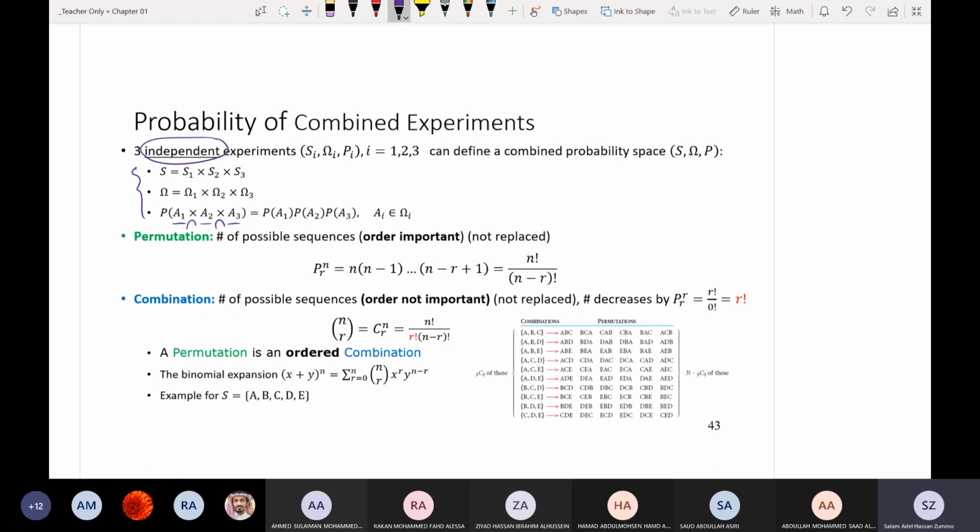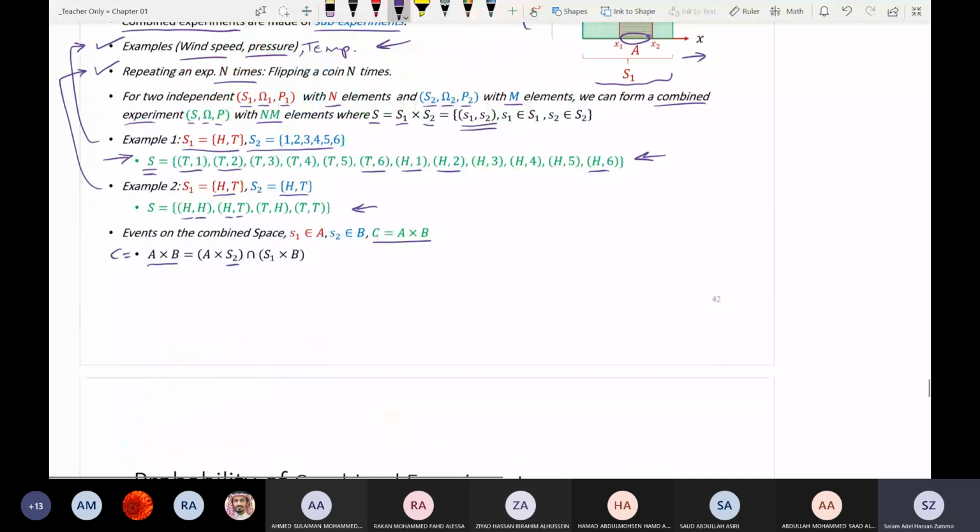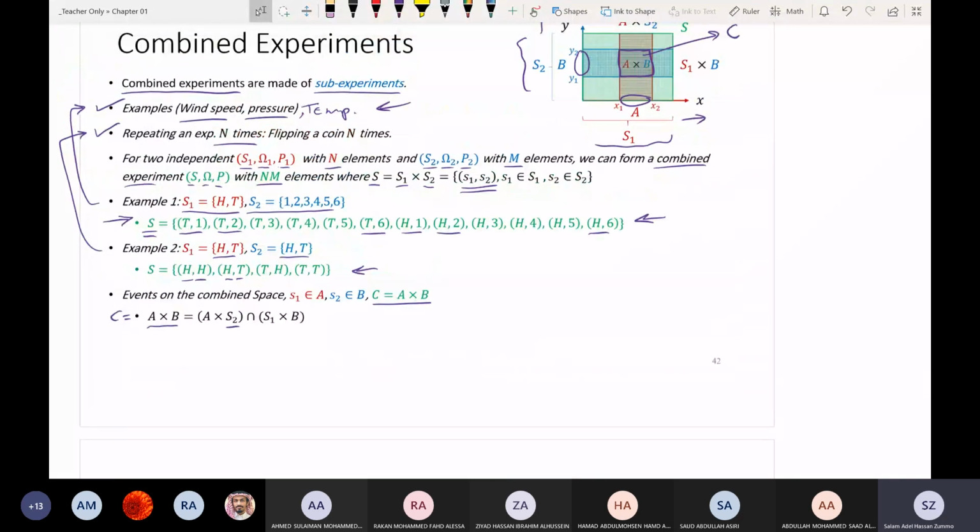If the experiments are not independent, you cannot say that the probability of sub-events equals the product of the individual probabilities. For example here, tossing a coin and rolling a die.